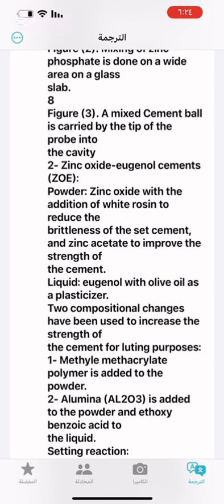Setting reaction: zinc oxide plus eugenol gives water, zinc eugenolate plus unreacted zinc oxide. 1. The reaction is not exothermic. A cooled mixing slab is not required, and the presence of moisture is essential for setting to occur. 9. 2.